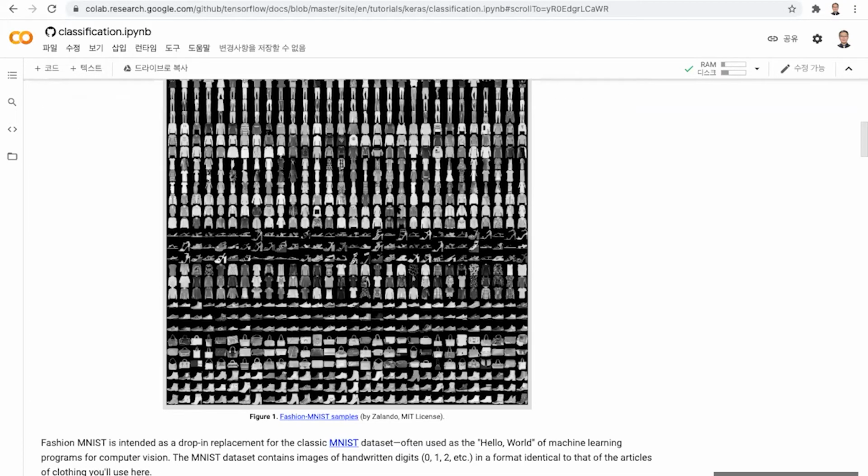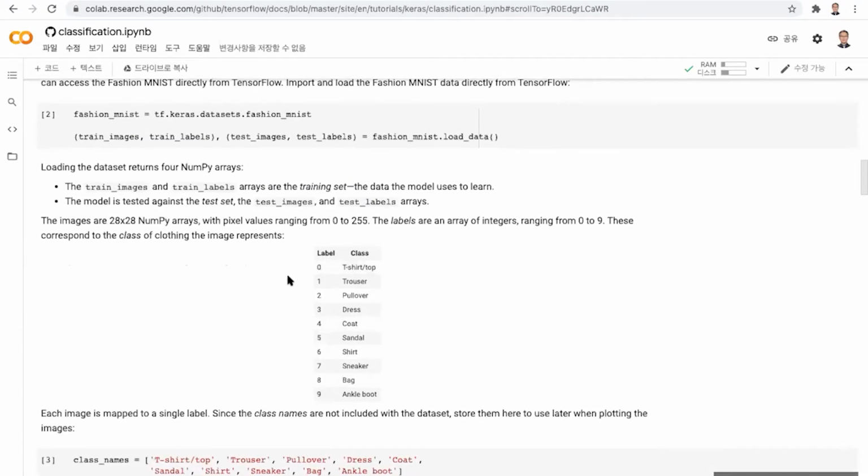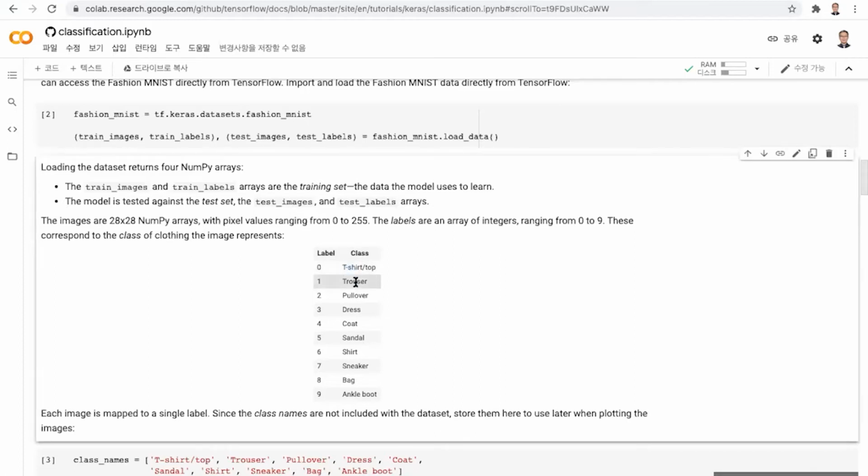This is the sample image. This dataset is called the Fashion MNIST dataset, and there are lots of images of clothes. Our job is to predict whether an image is a t-shirt, trouser, pullover, or dress. There are 10 different categories.